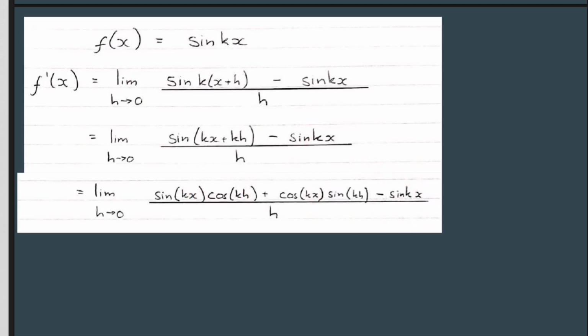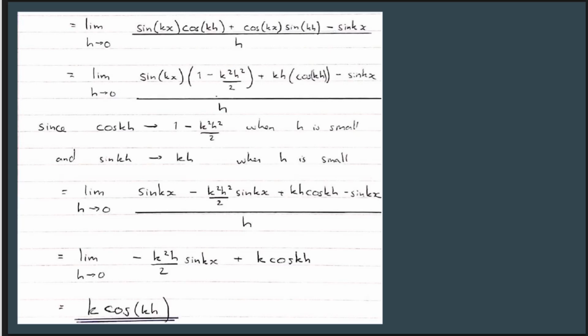We're now going to use the small angle approximations on this and this. So, that's the answer from before. And here are your small angle approximations. I'll just put them afterwards. It could be up here, it doesn't matter. So cos kh goes to this. Sine kh goes to this. So just change the order around here.